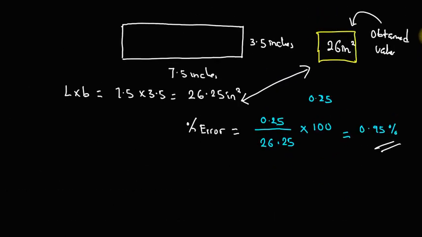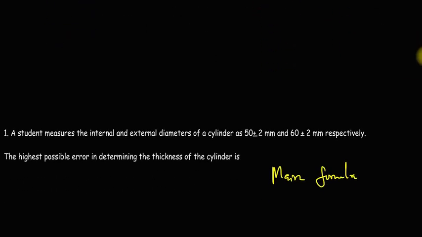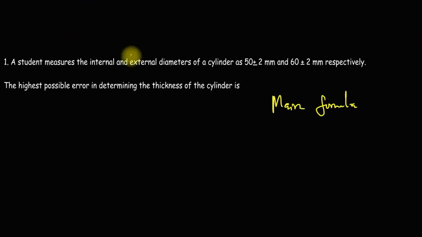because when we solved this case, we made use of the main formula length times breadth when we're dealing with area of the plot of land. So in this case as well, we're dealing with thickness of the cylinder.